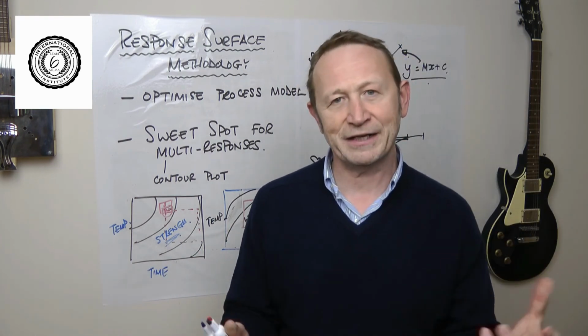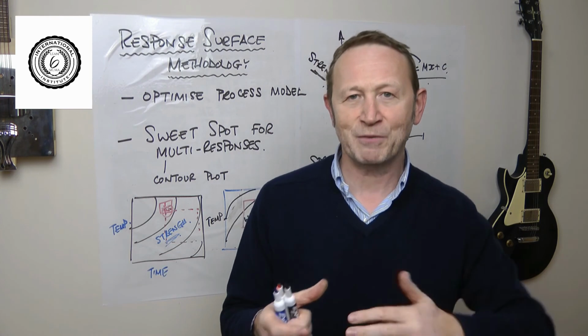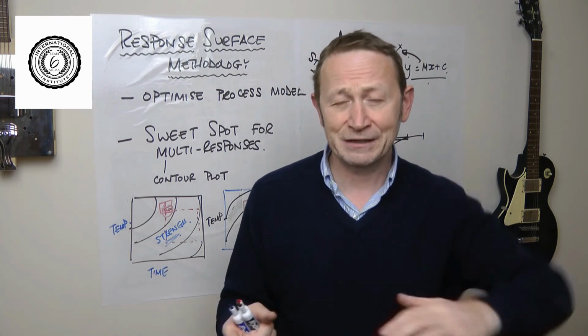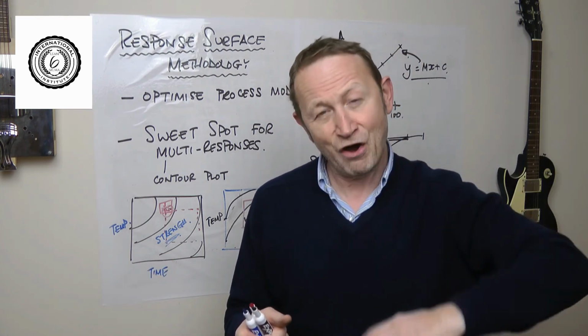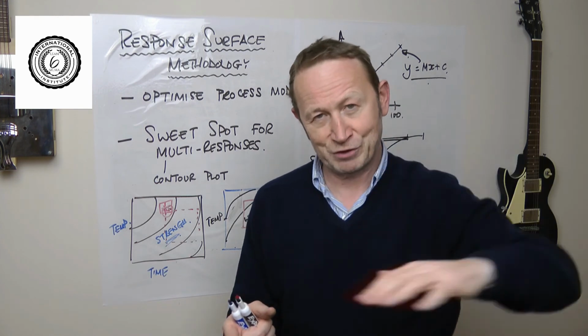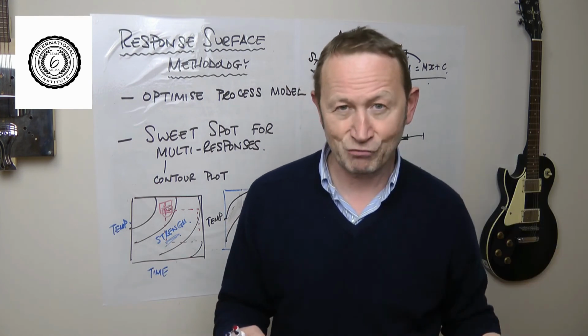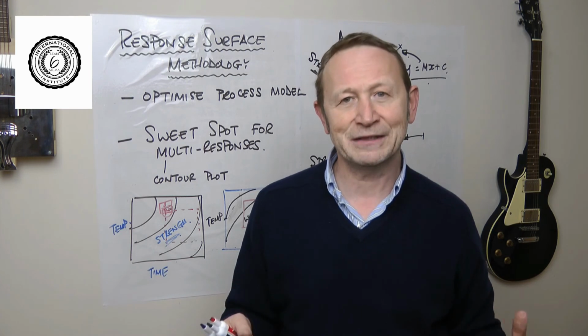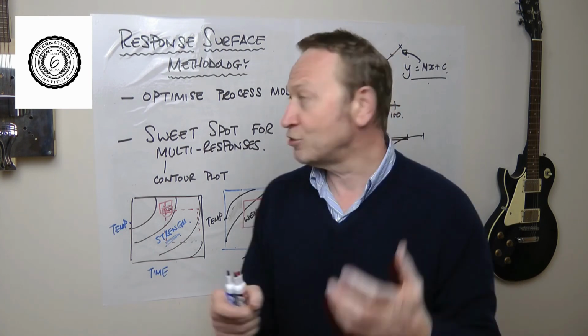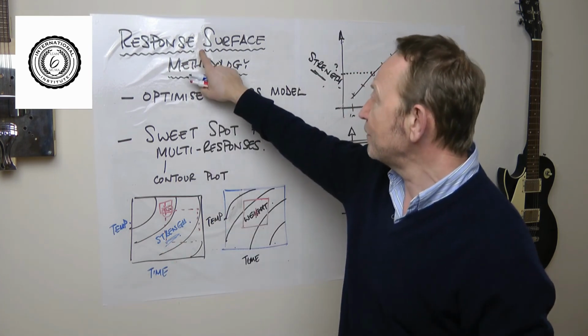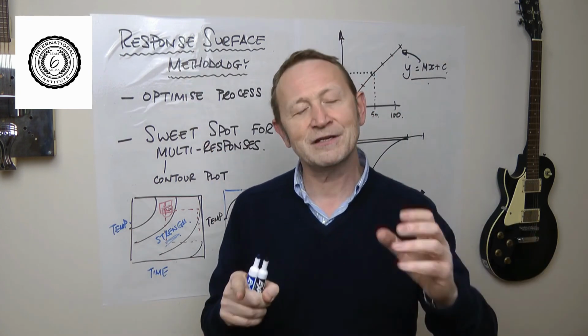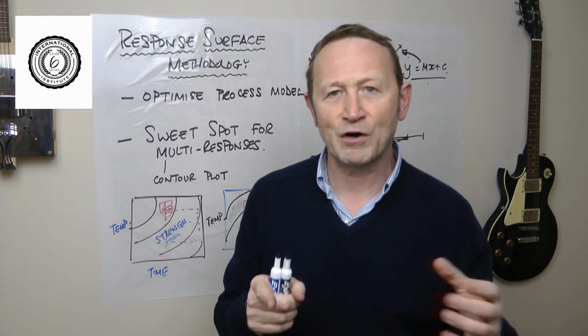In twisted planes, sometimes the flat spot is in the middle in terms of the highest response value and the lowest response value. The robust region is actually in the middle. But what we're looking for is when these surfaces go flat, they are regions of robustness.